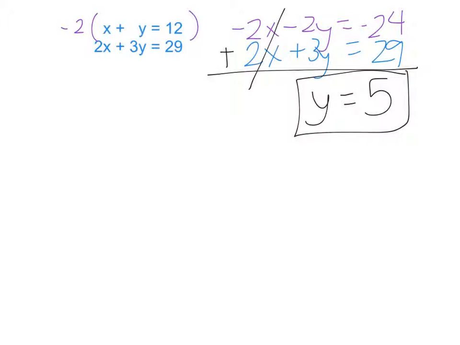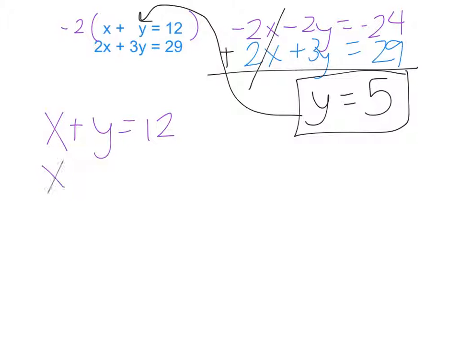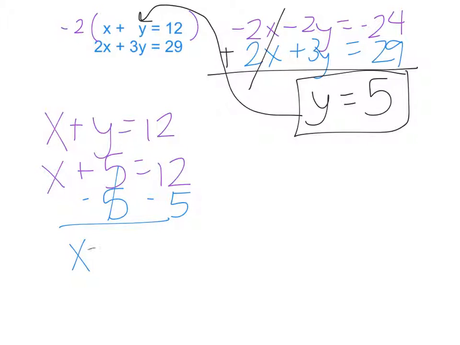We can take this and plug it back into the y for one of our equations, which I'm going to use the first equation, so x plus y equals 12. So instead of y, I'm plugging in my 5. So now we want to add 5 to something to get 12. We can solve algebraically by subtracting 5 on both sides to get x equals 7.